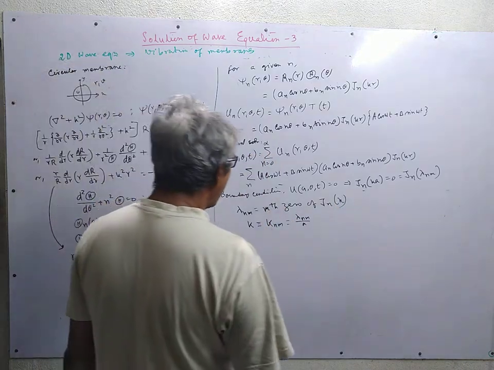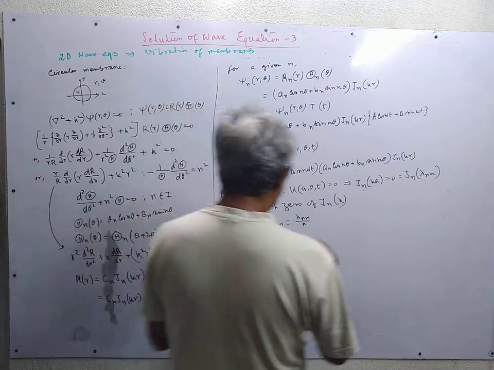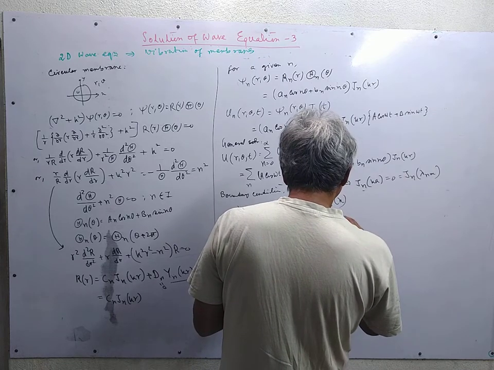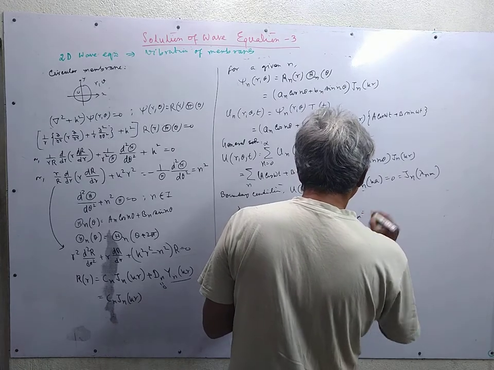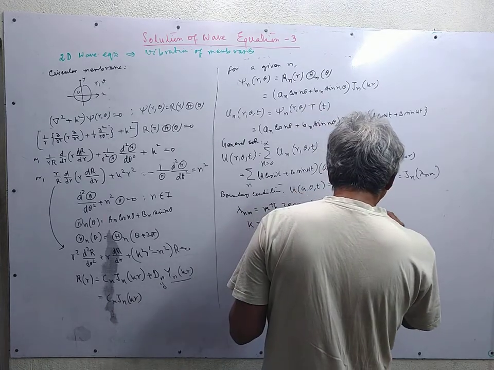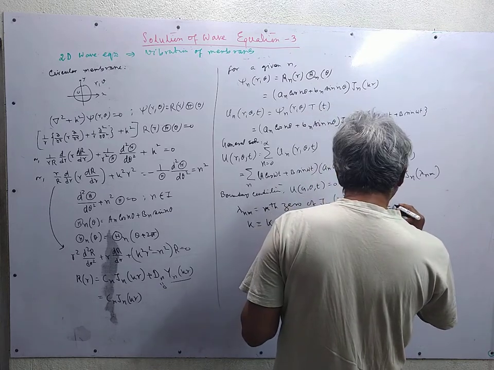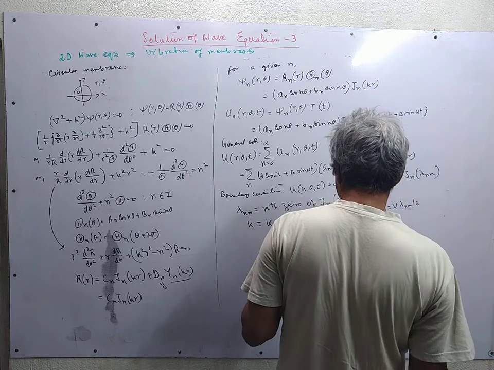Correspondingly omega now becomes ω_nm = v k_nm = v λ_nm/a.